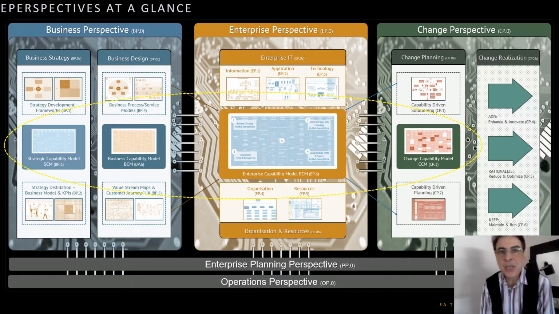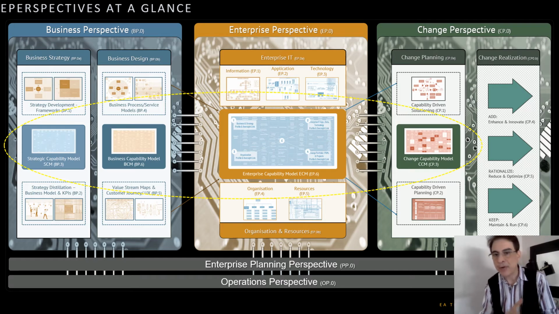Now let's look at ePerspectives at a glance. As we have demonstrated, ePerspectives breaks the entire business enterprise organization, if you will, into key perspectives. We have the business perspective, the enterprise perspective, and the change perspective.